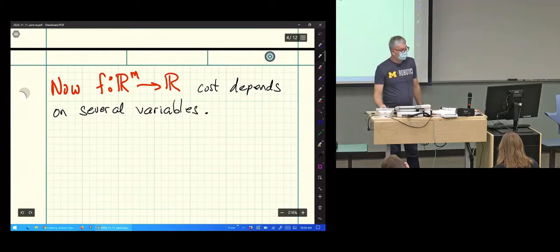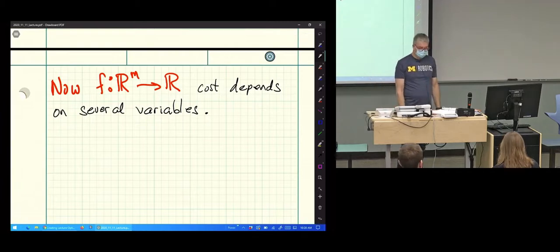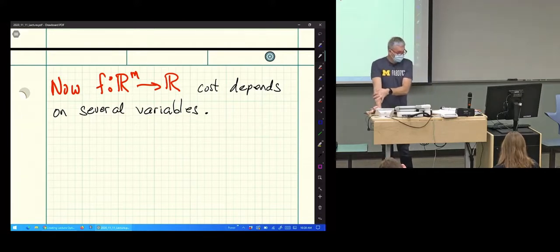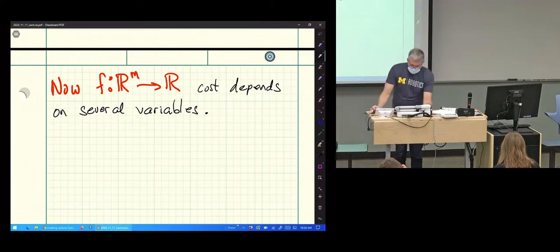Bruce's, yours has how many? 6, that's right. 3 for the rotation matrix, 3 for the translation, okay? Well, the cost depends on several variables.